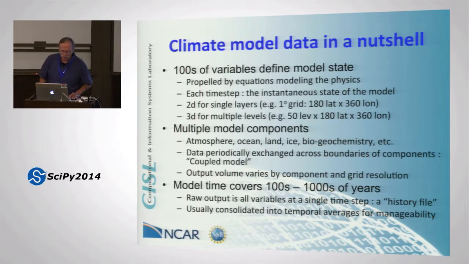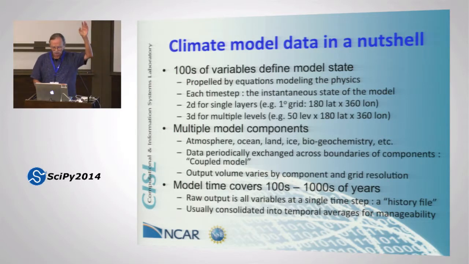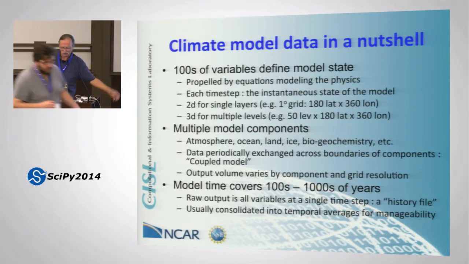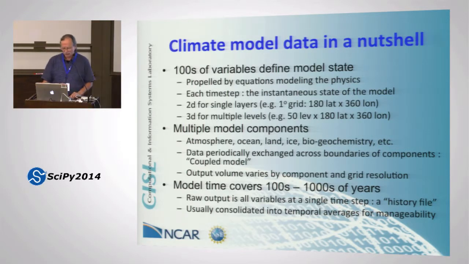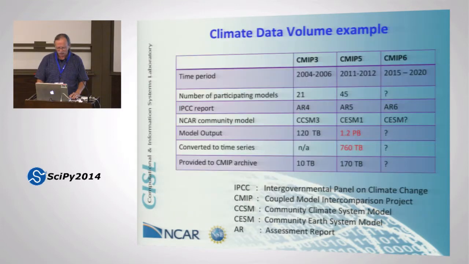So for a 1 degree grid, you'd have 180 lats by 360 longitudes. And if it's 3D, then you'll also have levels, which could be either atmospheric levels or ocean levels.